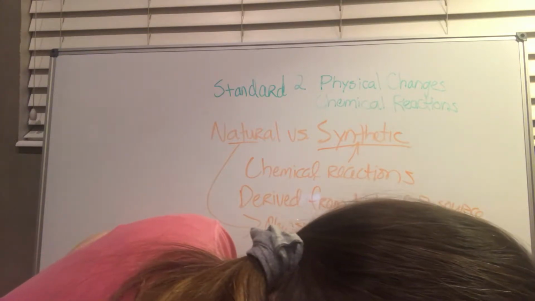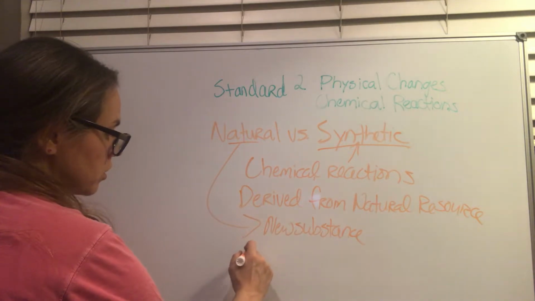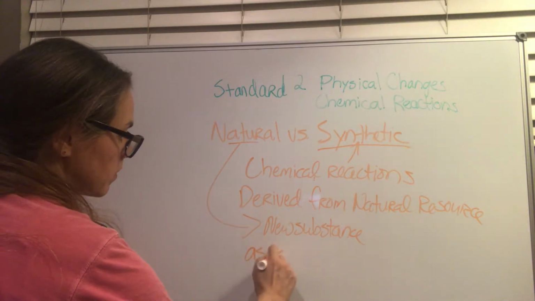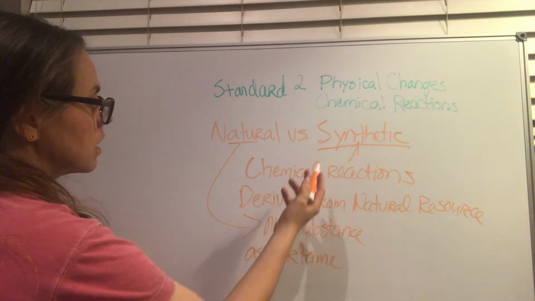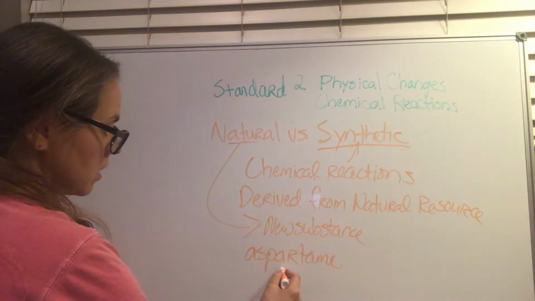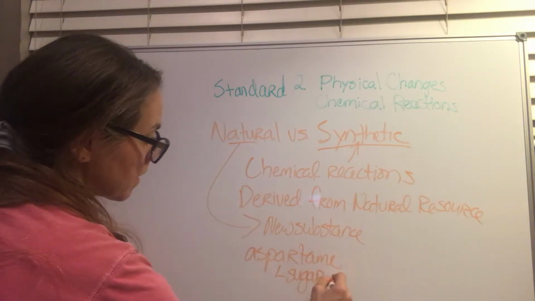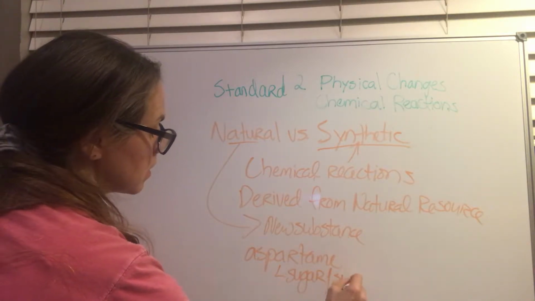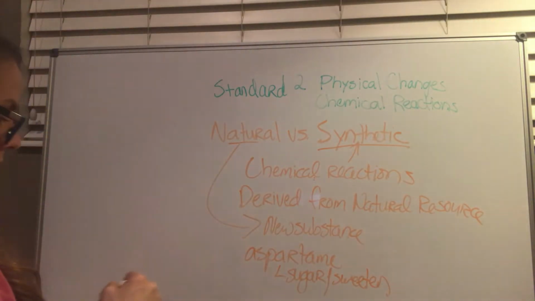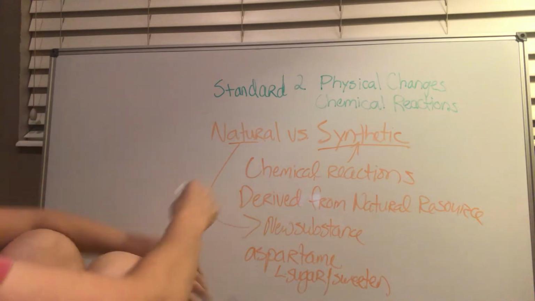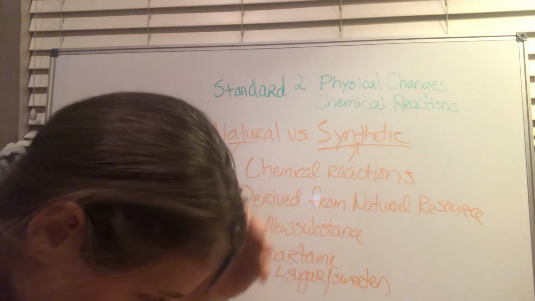So for example, there are a lot of sugars like aspartame that is a synthetic. It's a sweetener that we use to sweeten our food because we want sweet food, but we don't want to have the calories. And so that's why we're doing it.